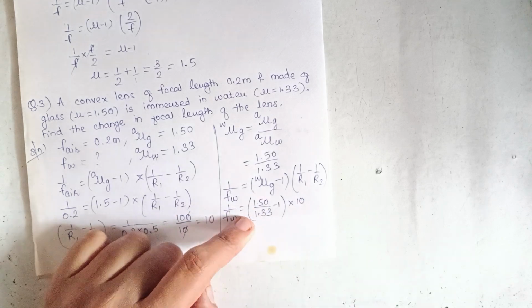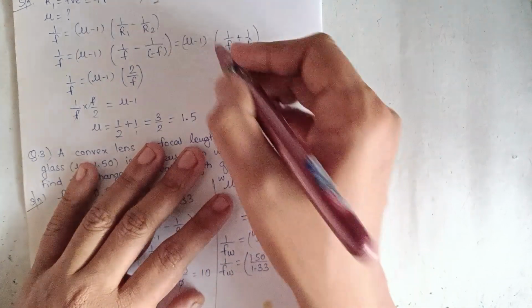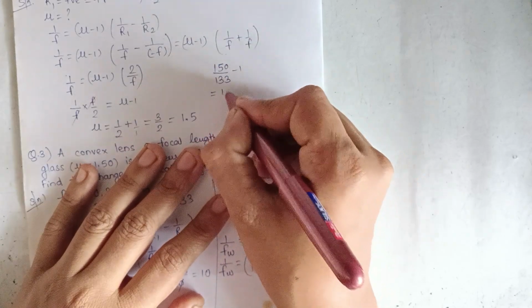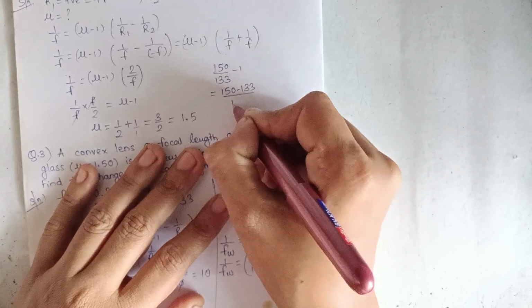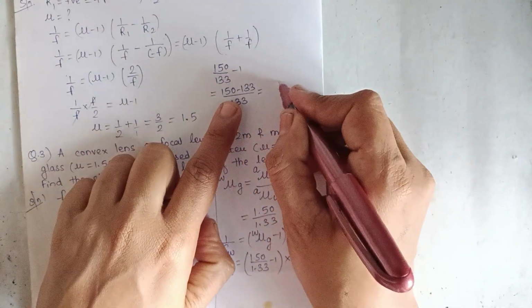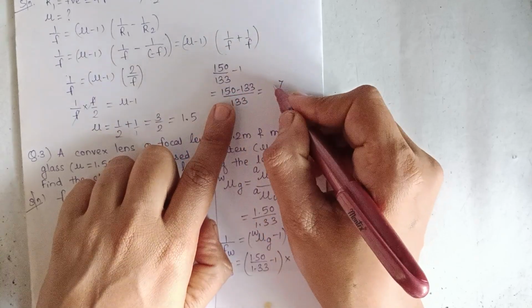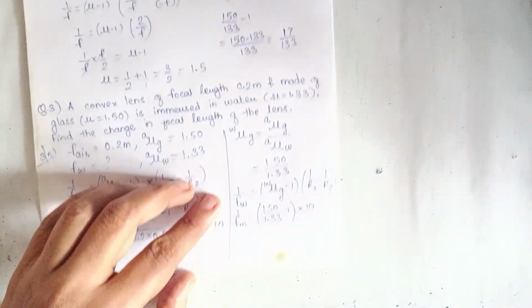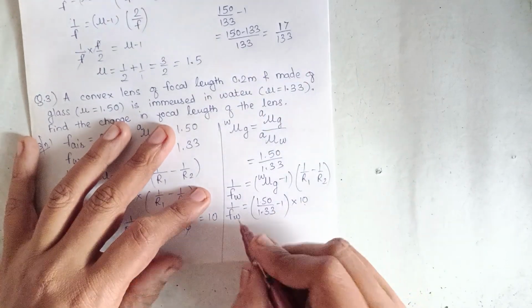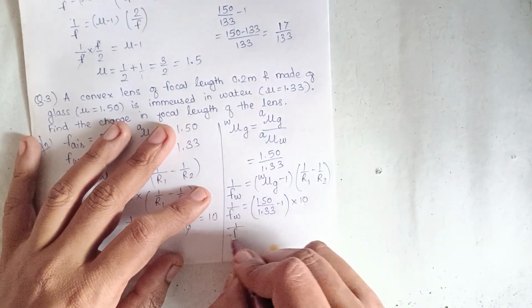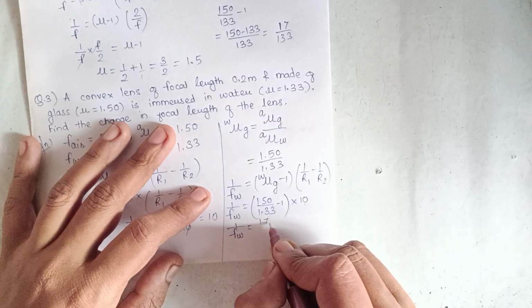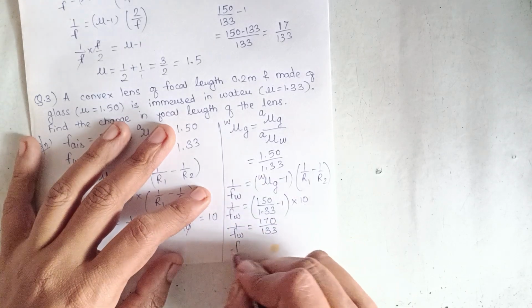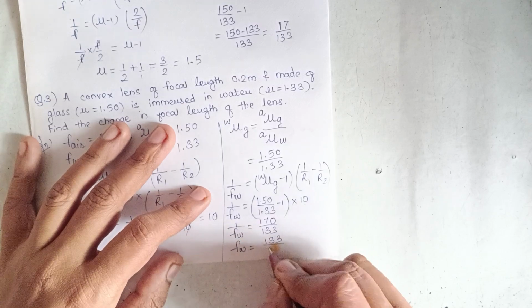So 150 upon 133, cross multiplying. So 17 upon 133 into 10. 17 into 10, so this is 170 upon 133. So FW is 133 upon 170.